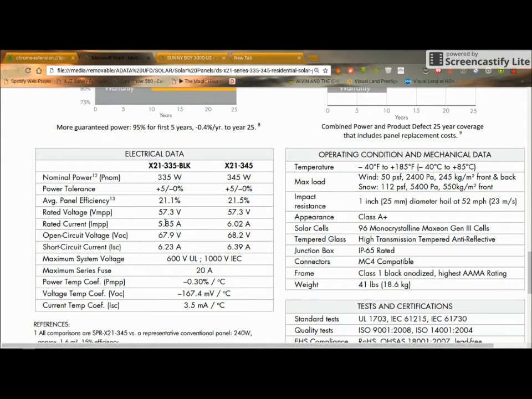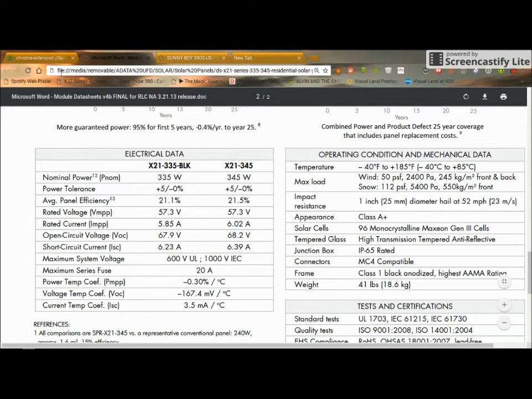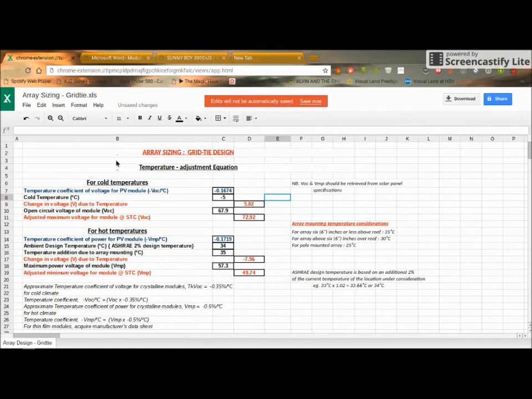If you scroll down with me, right down to voltage temperature coefficient, VOC, you notice it is minus 167.4 millivolts per degree Celsius.